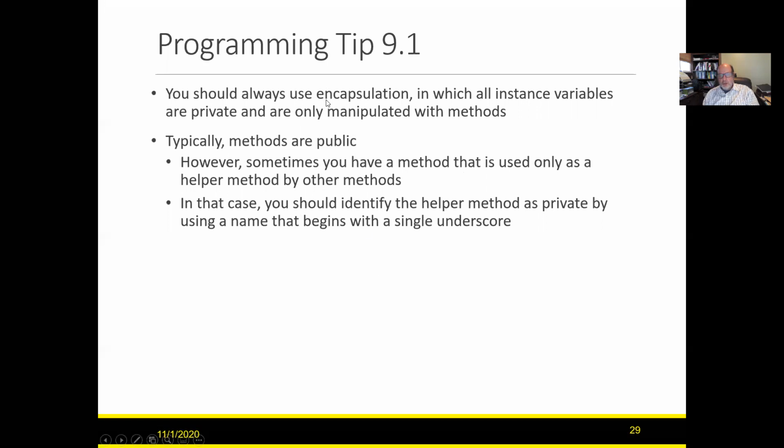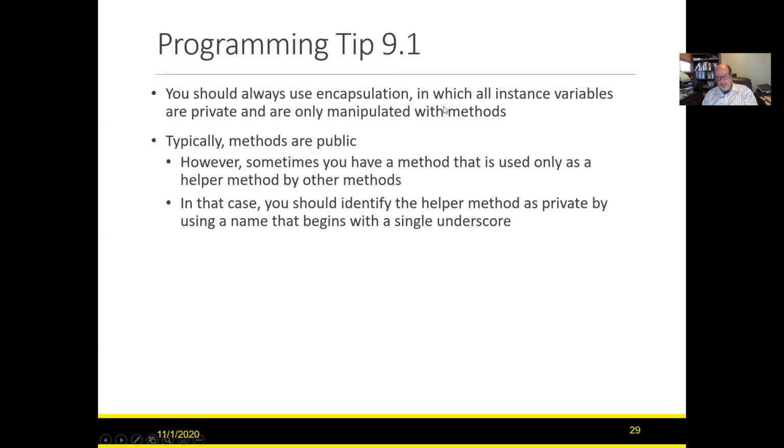So we are applying encapsulation. That means we are hiding the data and the implementation of our methods from the public. The methods are going to be the way to access the data.